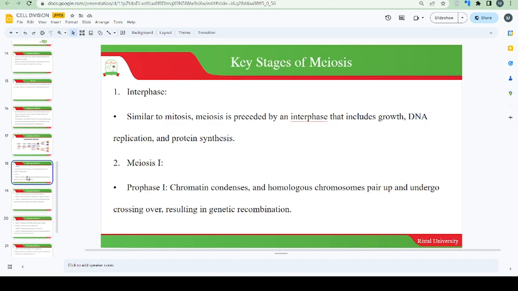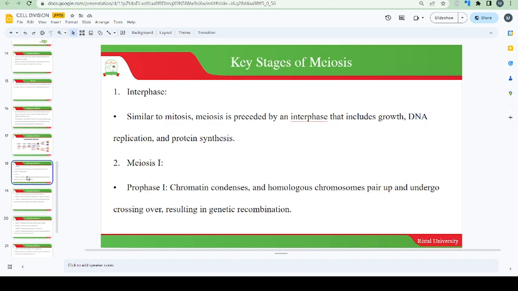The second stage of meiosis is meiosis 1. So meiosis has stages. It has been divided into two. There is meiosis 1 and meiosis 2.